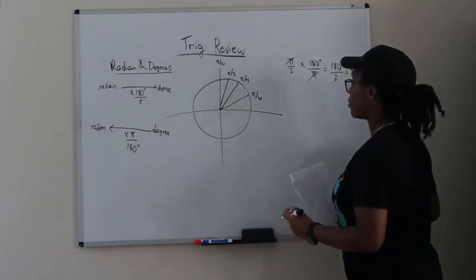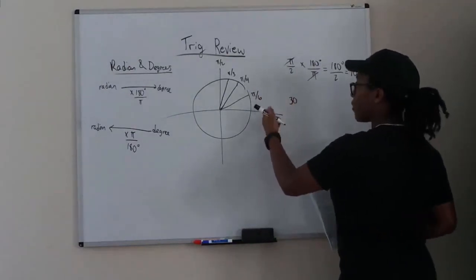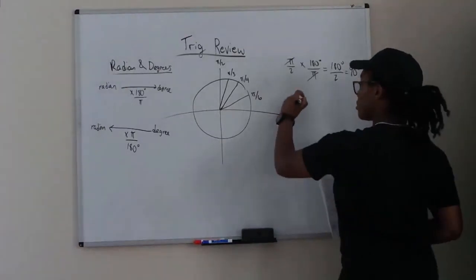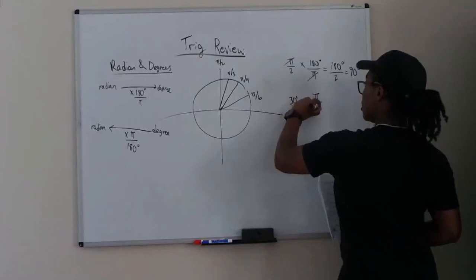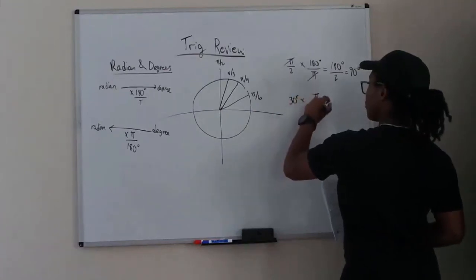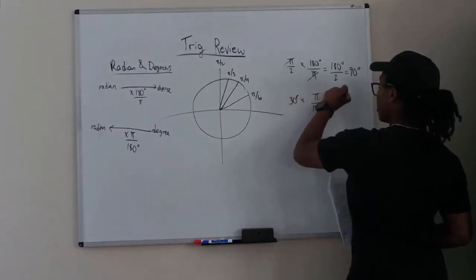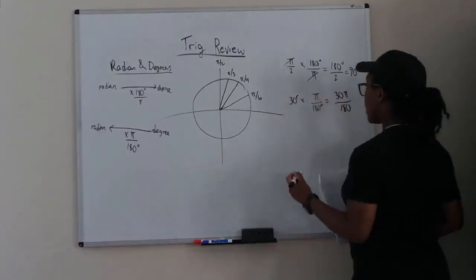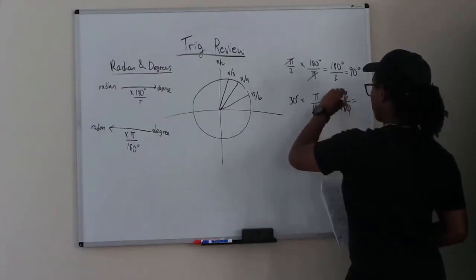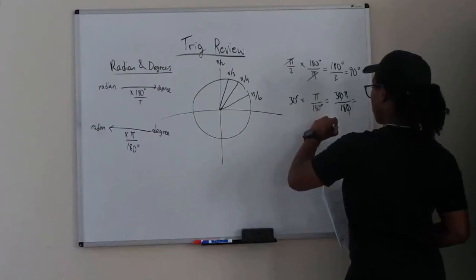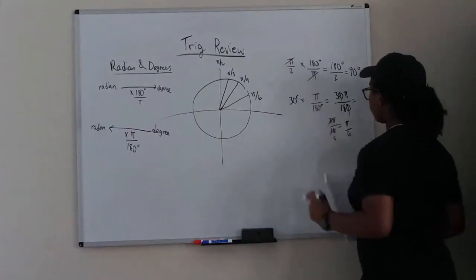We can also do it, let's say we're given 30 degrees and we want to convert it and see if it equals pi over 6. So we have 30 degrees times pi over 180 degrees. The degrees cancel, and then we're just left with 30 pi over 180, and then we can, of course, simplify that to be 3 pi over 18, so pi over 6.